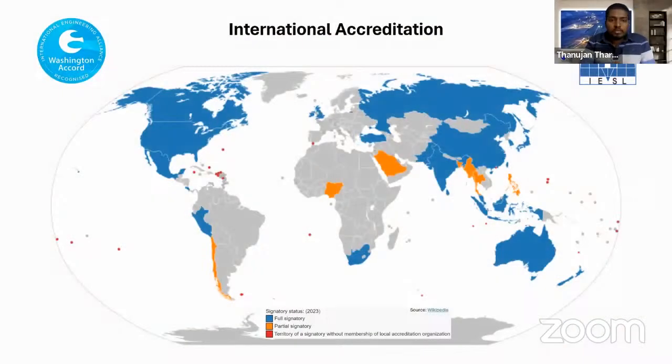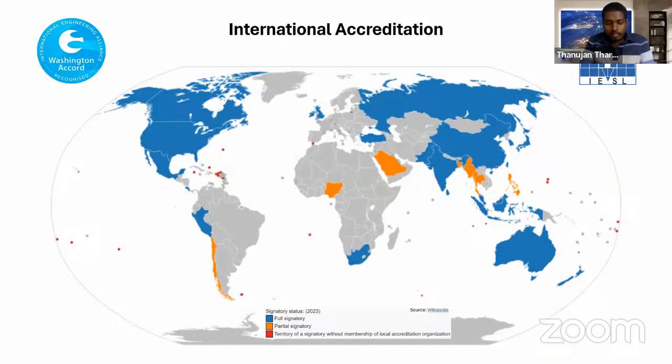The major part of our program is that we have international accreditation under the Washington Accord. Not all engineering departments have this. This will help you place yourself in a good position in industry, when applying for jobs, or if you are trying for skill migration.